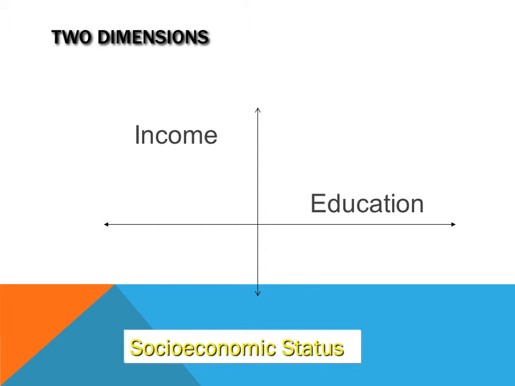Likewise, if you look at the bottom left and the bottom right, which is low education, low income, or high education, low income, you understand why a person who is highly educated with little money is different from a person who has little education and little money. So you understand why some constructs require two dimensions for accurate measurement and therefore are operationalized accordingly.